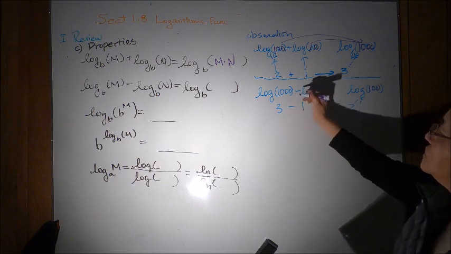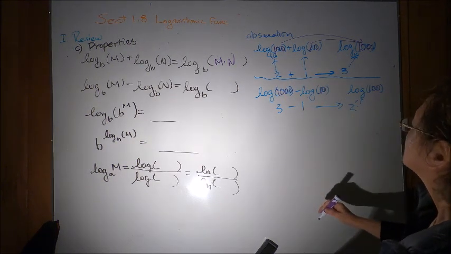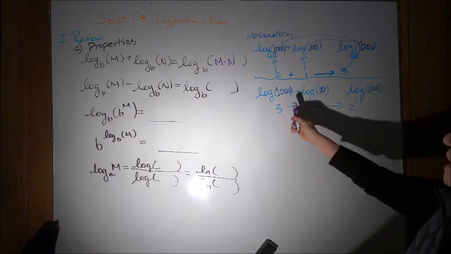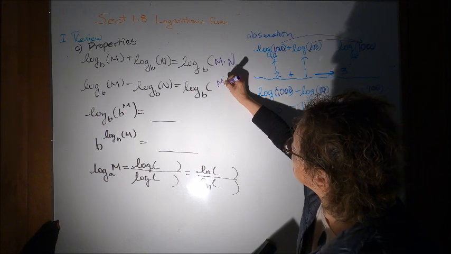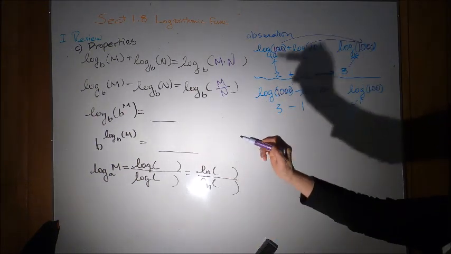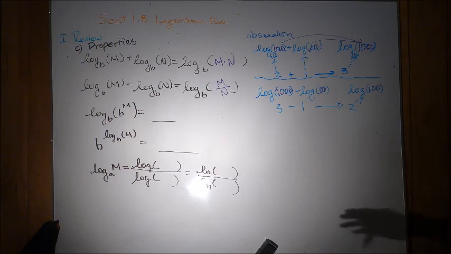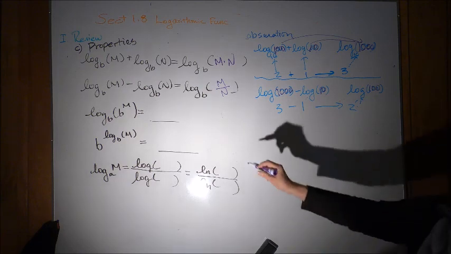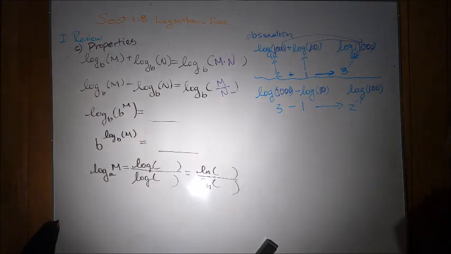From the original two numbers, one is 1000, one is 10. If we divide them, 1000 divided by 10 is 100. So the property is this way: if you subtract two logs with the same base, you can simplify it by dividing the inside.